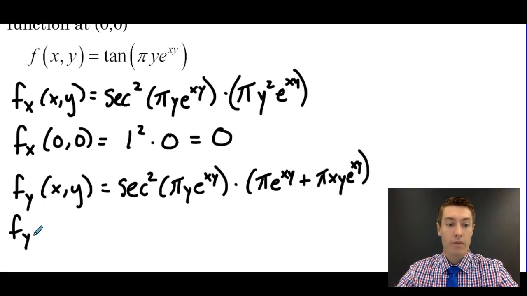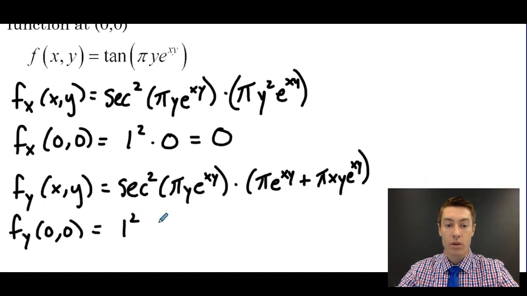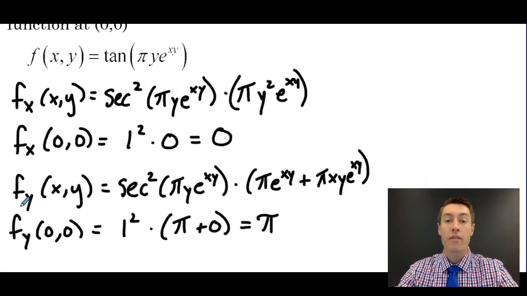So the partial of f with respect to y at (0, 0) would be secant of 0, so that's 1 squared again. And then we have e to the 0 is 1, so we get pi plus 0. So the partial derivative of f with respect to y at (0, 0) is pi.